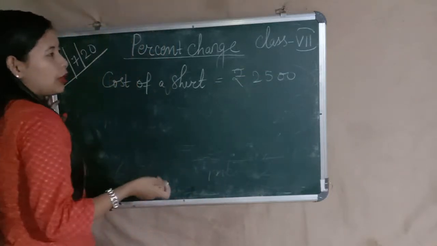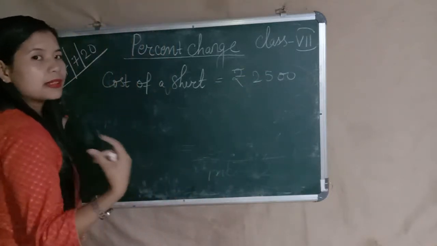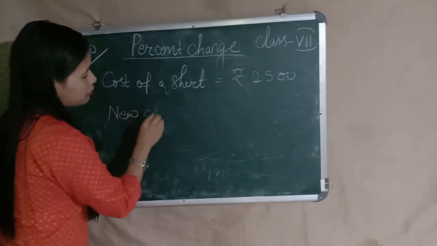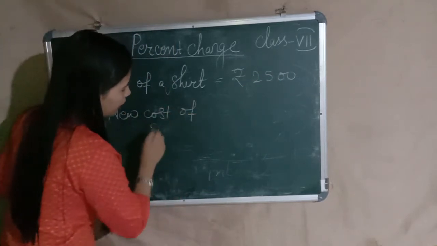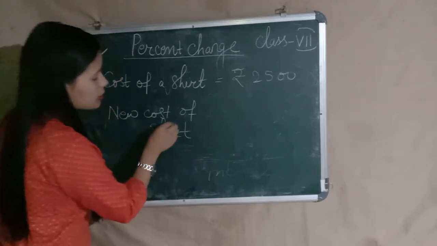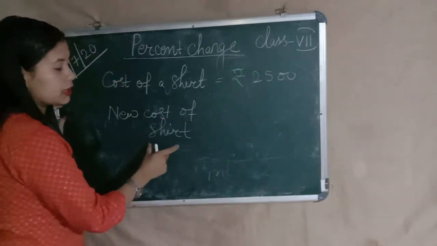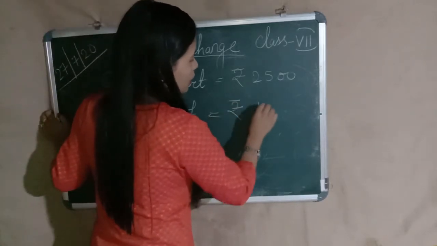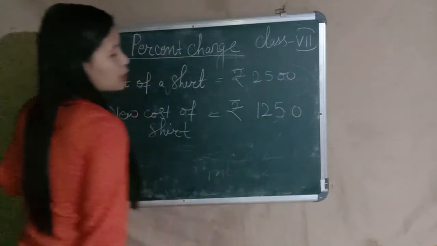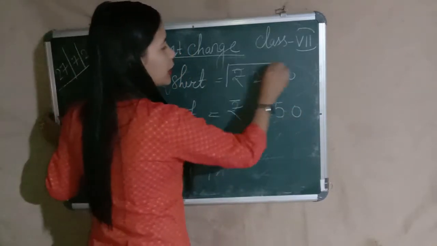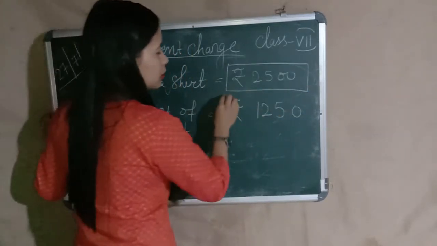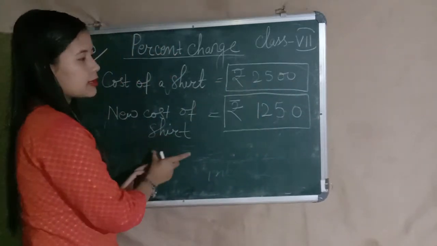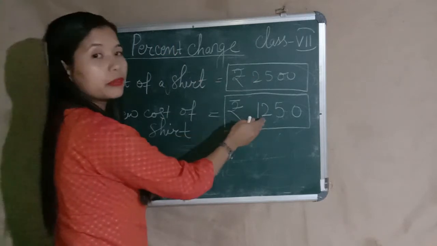Due to an end season sale, there is a change in the cost of the shirt. That is, the price of the shirt changes to rupees 1250. Previously it was 2500 and due to the end season sale, the price has been reduced to 1250.